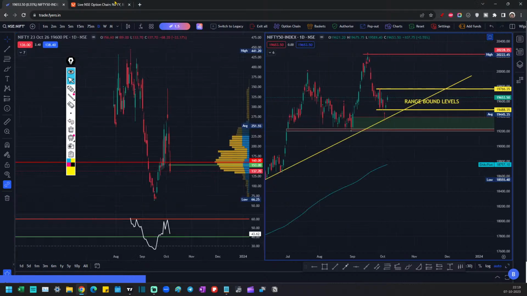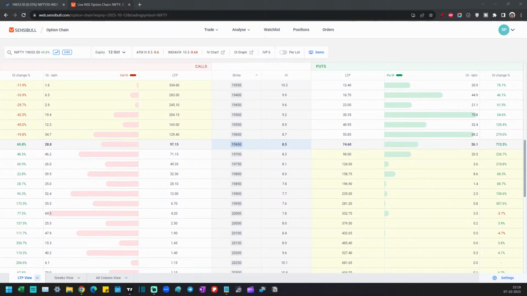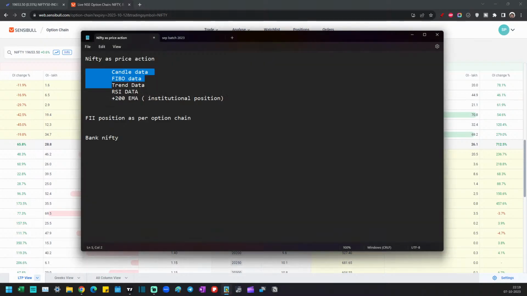Now it is high time that I take you to the option data, where we are going to see where the buildup is happening for the FII. So what I'm trying to give you here is, if you are an index trader, trading Nifty, Bank Nifty, Fin Nifty, midcap, this is a good practice to analyze your data.